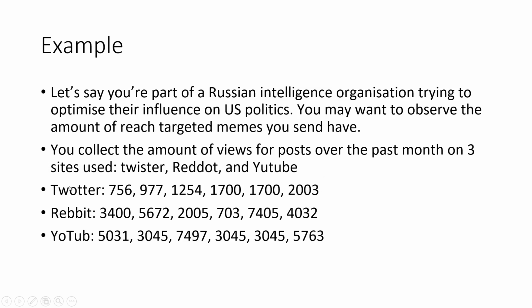So on Twitter, you found this data set. On Reddit, you found these number of views. And on YouTube, you found these number of views. Okay, so let's take Twitter as an example. To find the mean, like I've said before, all you have to do is add them all up and divide it by the number of data points that you have.